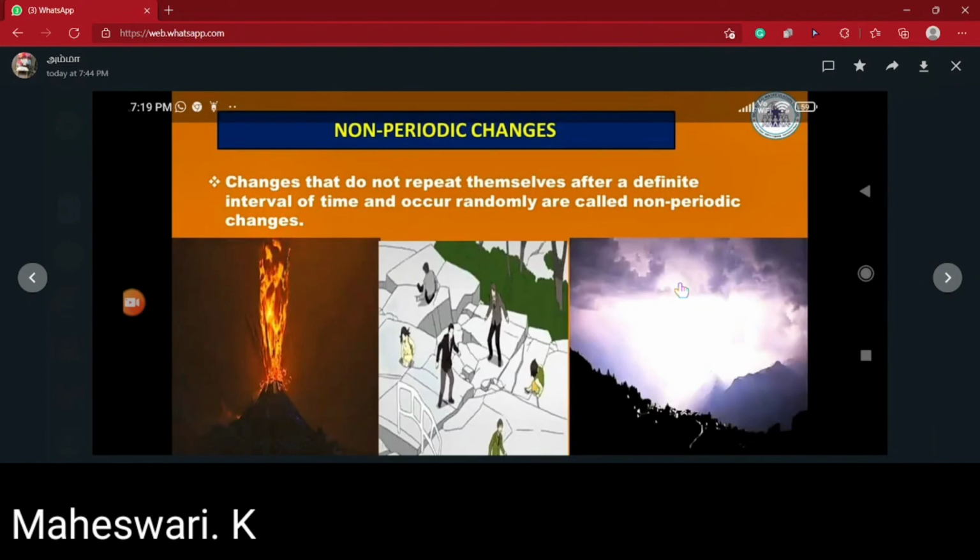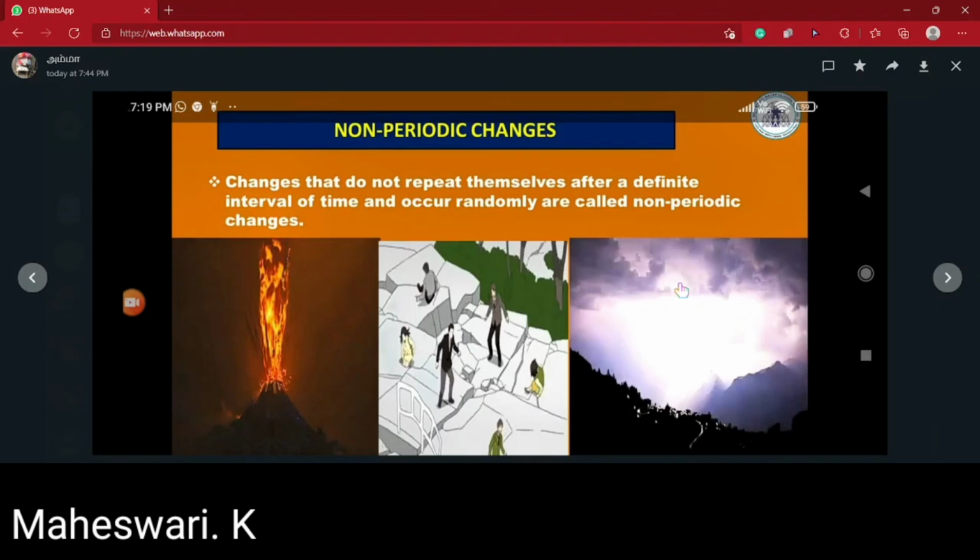Non-periodic change. The changes that do not repeat themselves after a definite interval of time and occur randomly are called non-periodic changes.